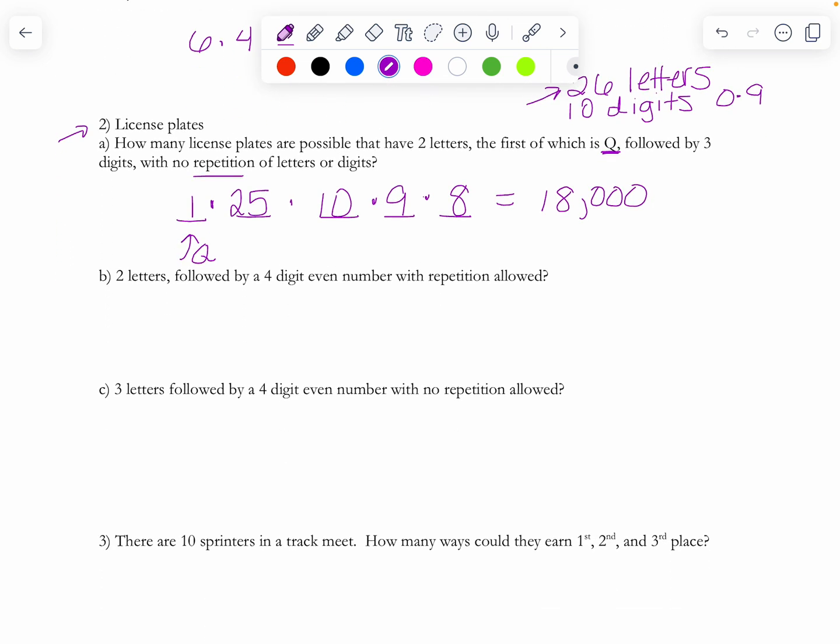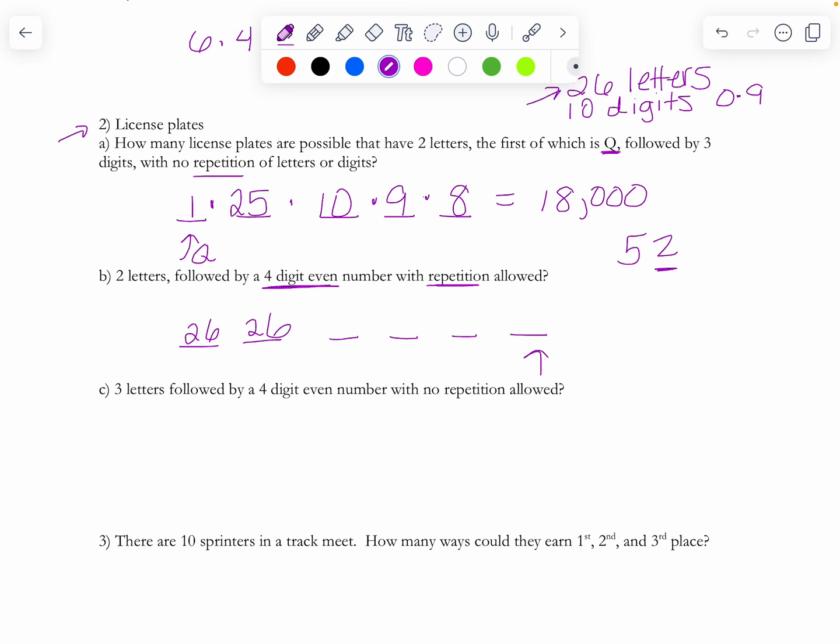Now your next one says 2 letters followed by a 4-digit even number with repetition allowed. My first 2 letters I can repeat, so I have 26 choices, 26 choices. Now for this 4-digit even number, the only thing I have to worry about is my last digit. If I think about 52, the last digit has to be even.